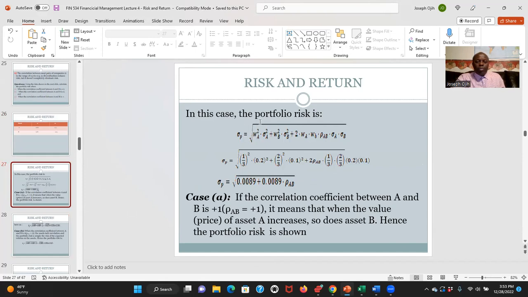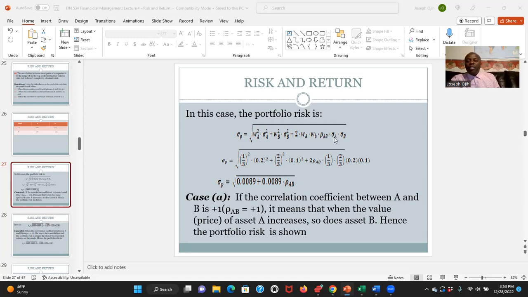In this case, the portfolio risk, sigma P, equals weight of asset A squared times the standard deviation of asset A squared, plus weight of asset B squared times the standard deviation of asset B squared, plus 2 times weight of asset A times weight of asset B times the correlation between asset A and B times the standard deviation of asset A times the standard deviation of asset B.